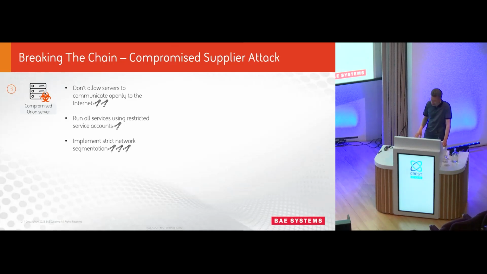So in terms of how to stop this one, there's a few recommendations that we came up with, sort of general recommendations for this. So the first one is around servers being able to communicate out to the internet. So we've got this SolarWinds Orion server. Does it need to communicate out to the internet? It probably does for some stuff, but what we should really have in place is an allow list that contains just the IP addresses or domains that it needs to communicate out with to function.